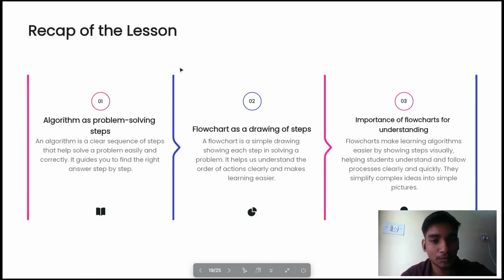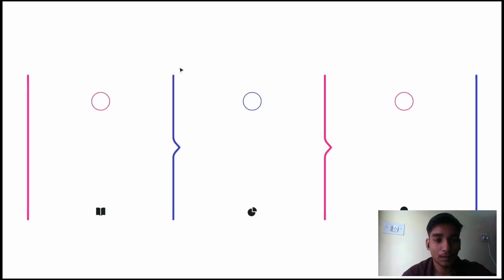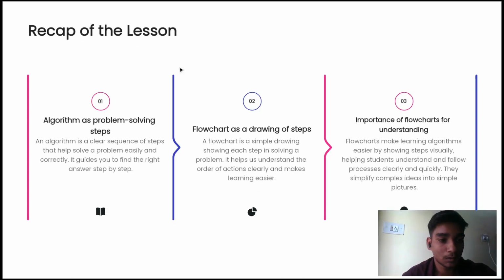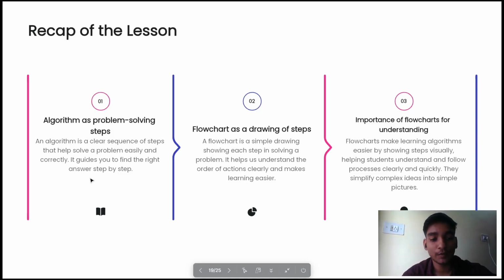Now we will recap the lesson, what we have studied. Summary and closing. Algorithm as problem-solving steps: an algorithm is a clear sequence of steps that helps solve a problem easily and correctly. It guides you to find the right answer step by step.